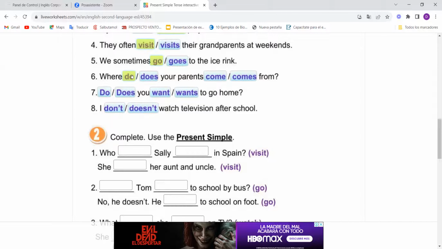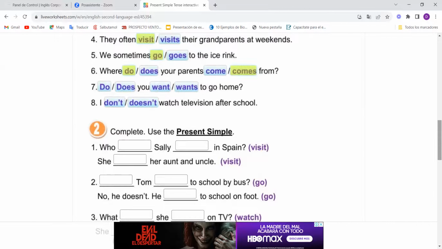That's correct. Do your parents comes from? Ahí sí ya se agregaría S en el verbo. No, because if you have the auxiliary, you don't need the S in the verb.